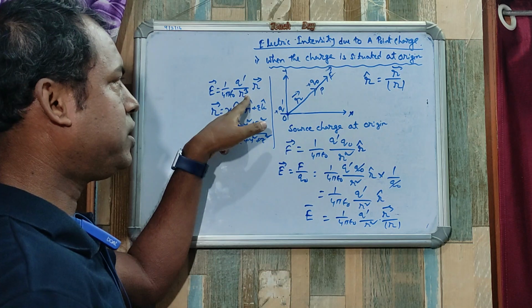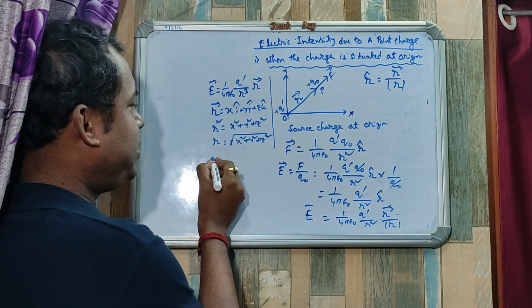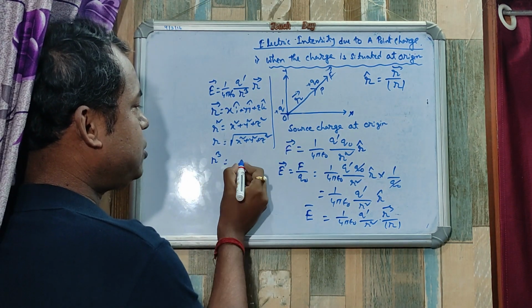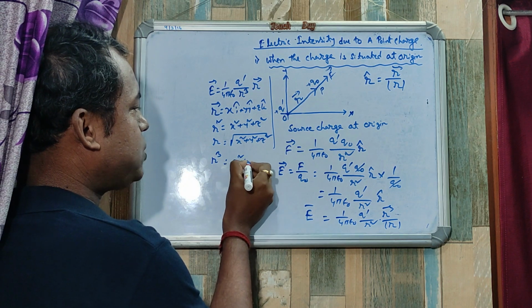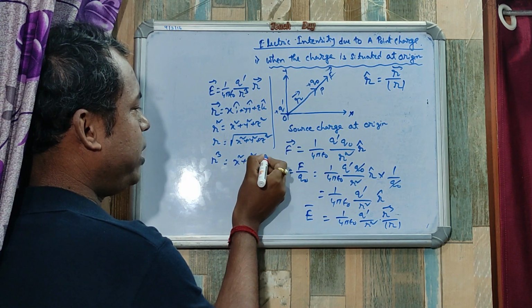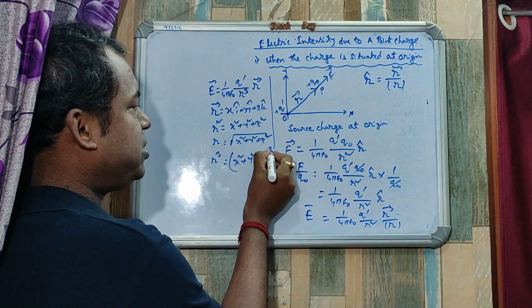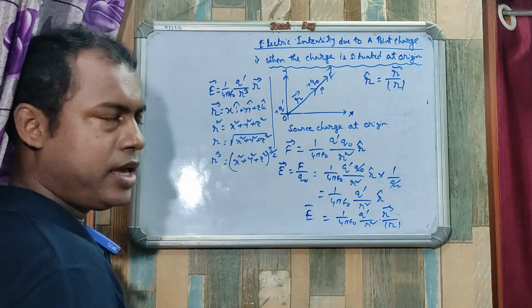But here we require r cube. So what is the value of r cube in this case? r cube equals x square plus y square plus z square to the power of 3 by 2. Am I right?